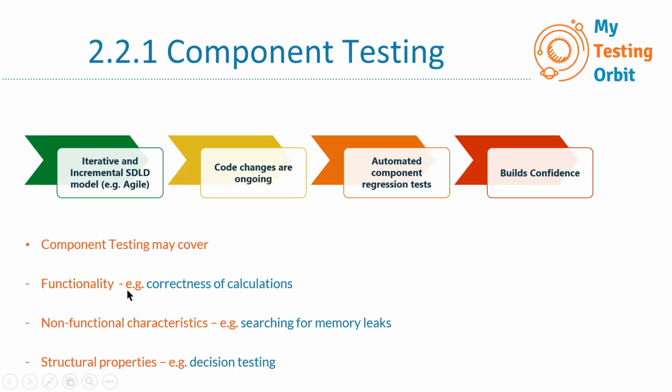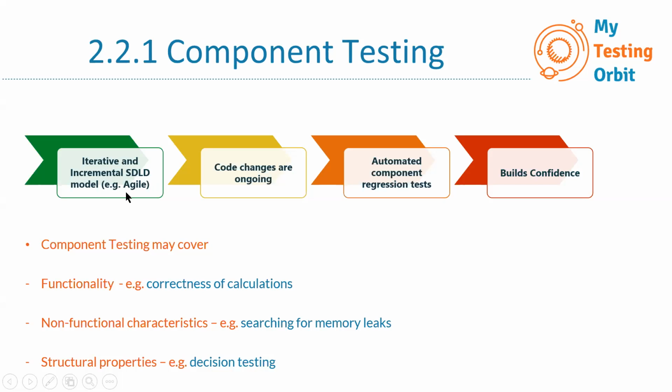It can also cover non-functional characteristics, for example searching for memory leaks. And it can cover structural properties, for example decision testing, which is when we have lots of conditional statements within the code, like if, else if, or switch statements.